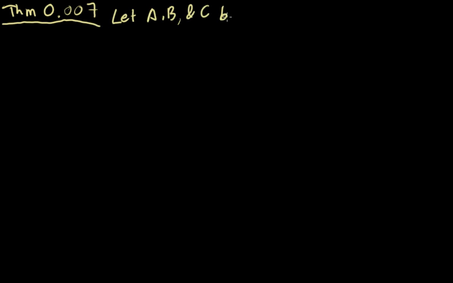Let's prove another theorem. We'll call this one Theorem 0.007, sticking with our numbering convention. It'll say, well, first we need to say let A, B, and C be 3 collinear points. I might have spelled collinear wrong there.